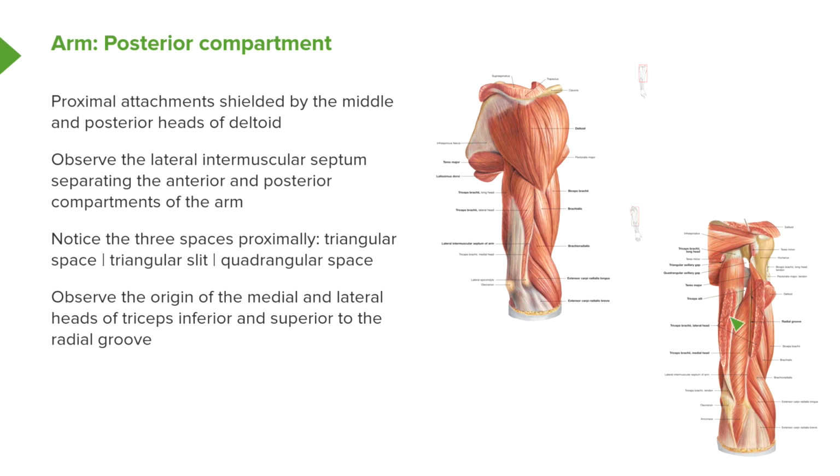And we can also, in this diagram here, remind ourselves of those three spaces on the posterior wall of the axilla. So the quadrangular space we can see here, the triangular space we can see here, and the triangular slit or the triangle interval we can see here. We can also, in relation to the radial groove, see the origin of the medial and lateral heads of triceps.